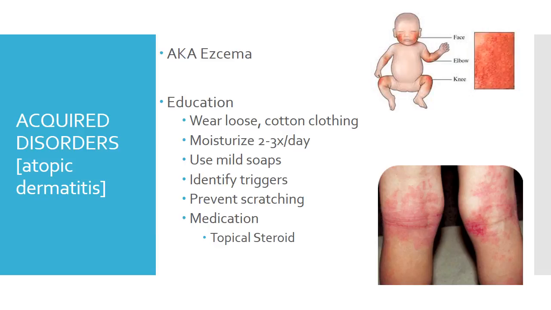And so you'll typically see that in the flexion areas on the wrist, neck, area behind the ears, and sometimes the hands. So where the wrist bends and in the back of the neck, you'll see eczema in those areas. In adolescence, you'll typically more see it on the hands and in the skin creases itself.